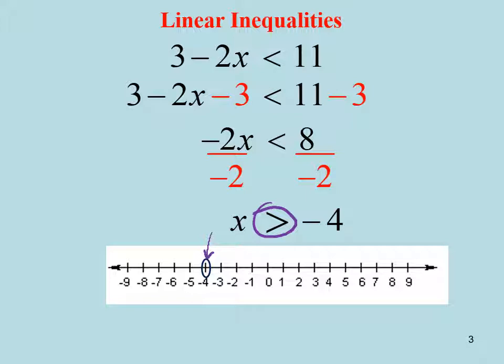Since we have a greater than without the line under it for equals, we use an open circle on -4, and the symbol tells us which direction to shade. Notice the symbol is pointing to the right, so we will shade to the right.